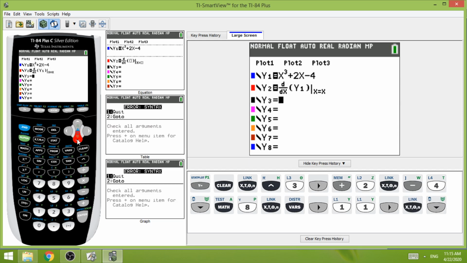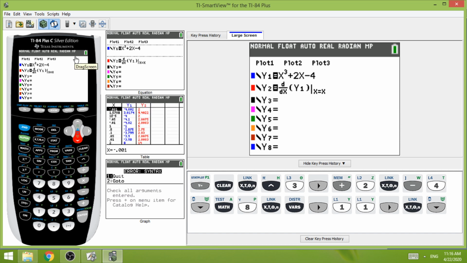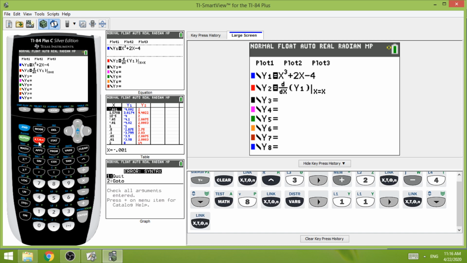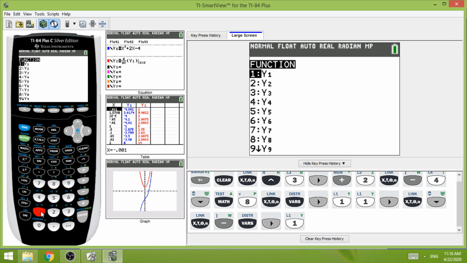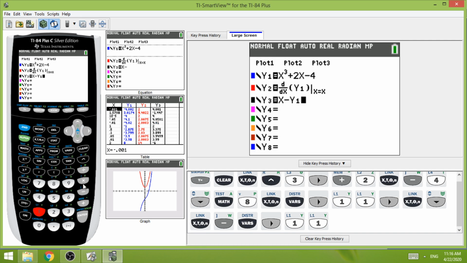Okay, so the second function that you want to put in is the derivative. And now what about y3? So y3, we want to put in the Newton's method formula, which is x minus the original function, which is y1, vars, y vars, y1, divided by the derivative.